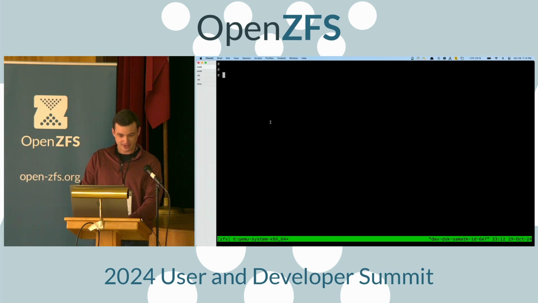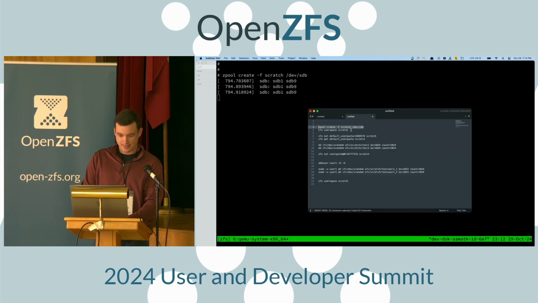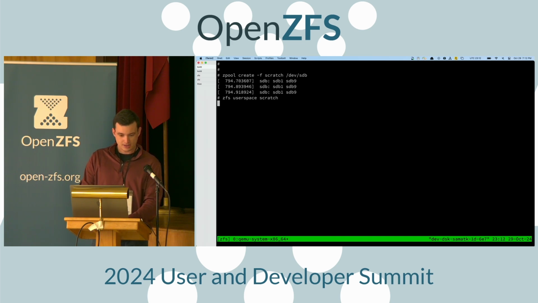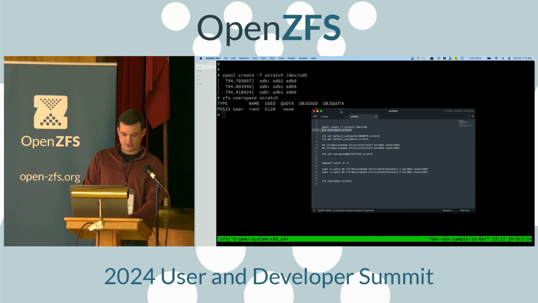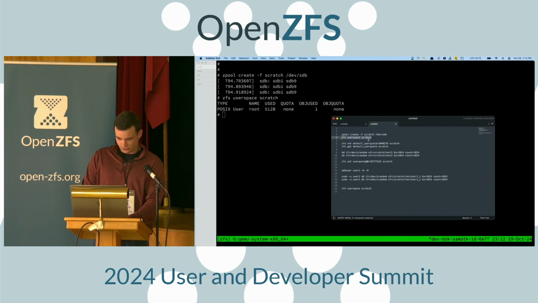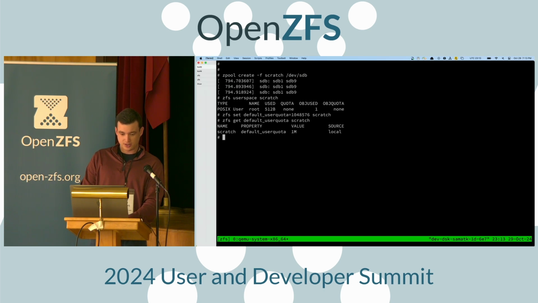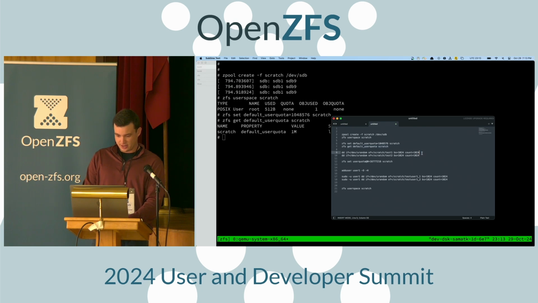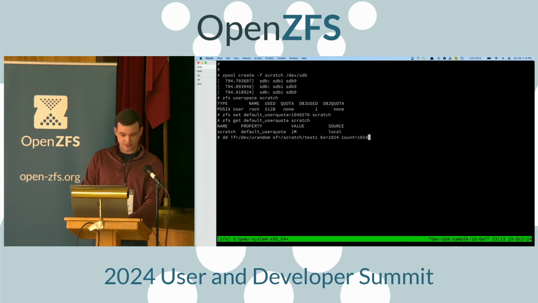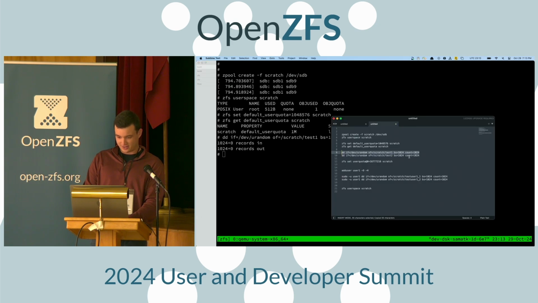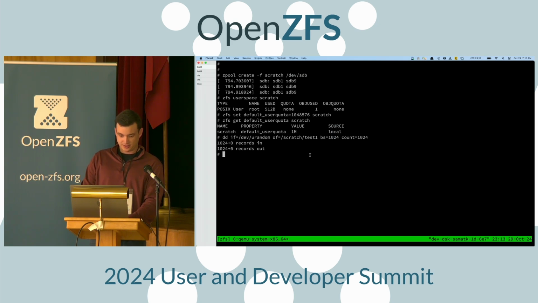So I'm going to create a zpool here. And you can see that my root user has no quota. I will set a default user quota of 1 megabyte. So you can see it there. I'll write a megabyte, write another megabyte, and I will have exceeded my quota.